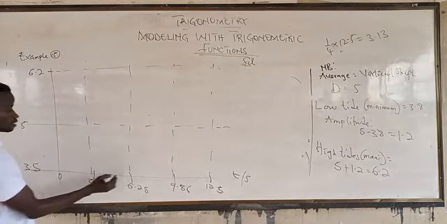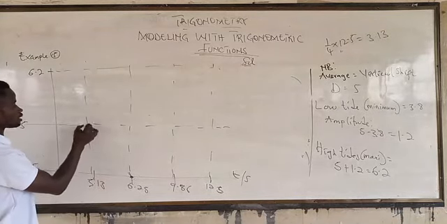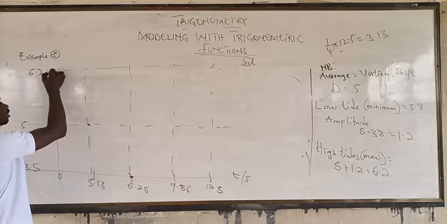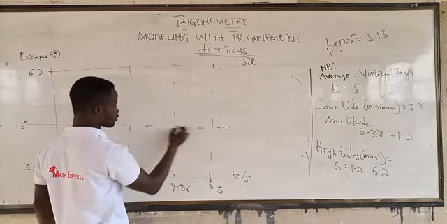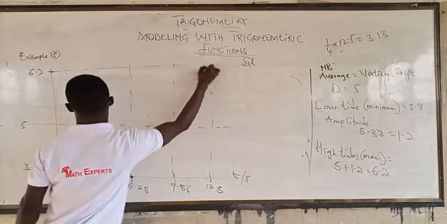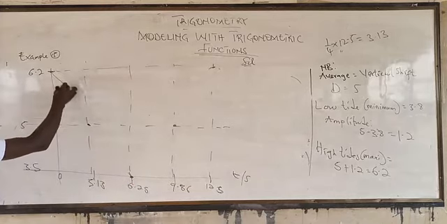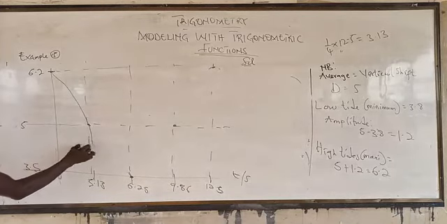So you can see that you're going to get this, that, and that. And you're going to get that and that. So your graph is going to be like this.